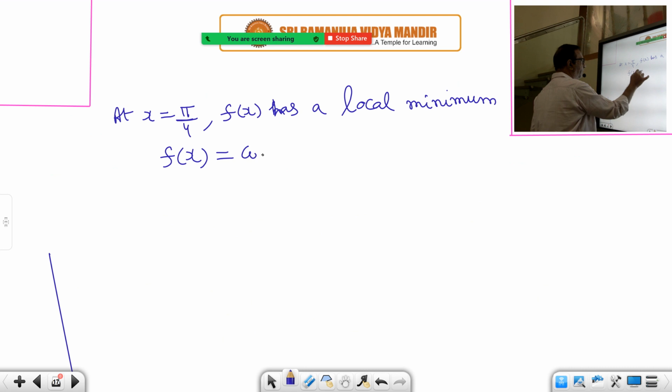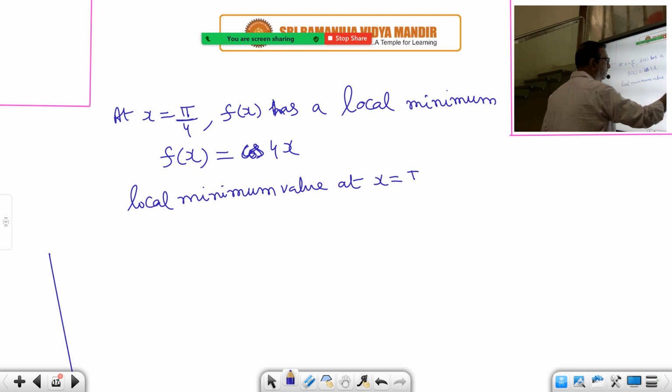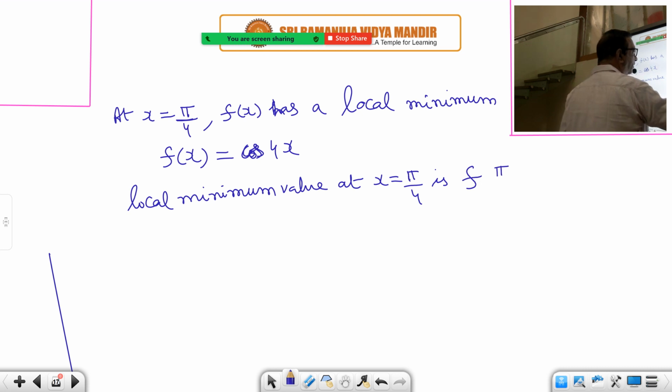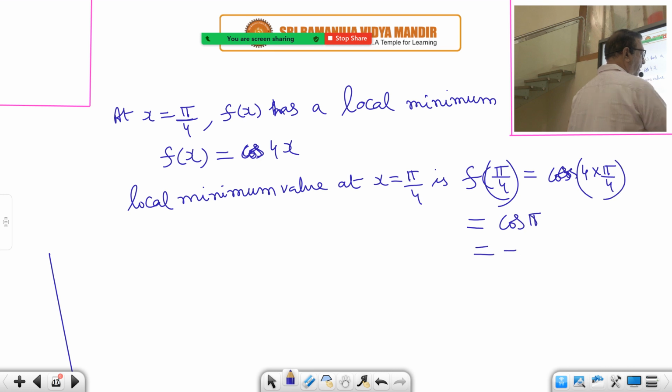The given function is cos 4x, is it not? So the local minimum value at x equal to pi by 4 is f of pi by 4. In the original function we put x equal to pi by 4. So cos 4 into pi by 4, so cos pi, so it is minus 1.